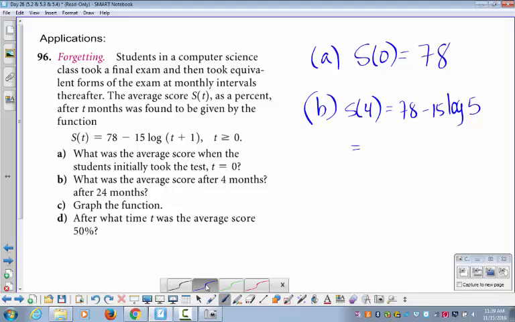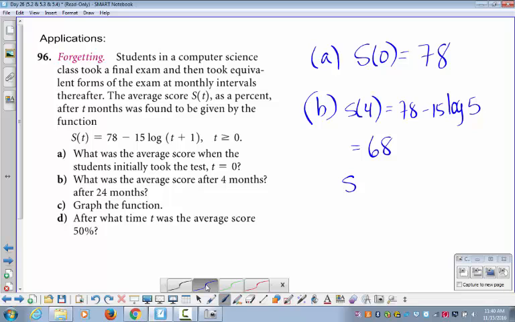Somebody type that into your calculator, 78 minus 15 log 5, and we'll round to the nearest integer. Common log of 5. 67.5, so I round to 68. All right, so after 4 months, that's what happens.